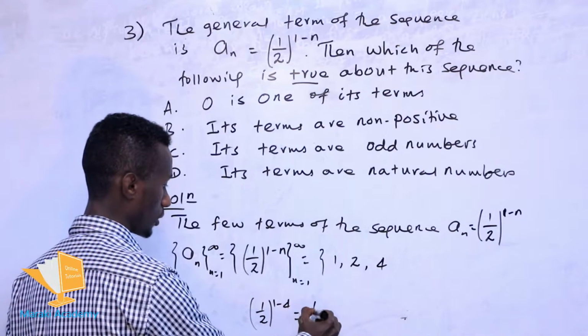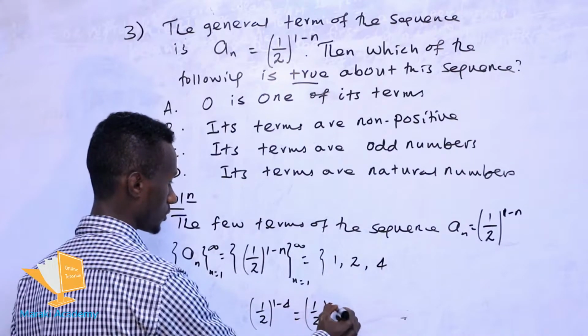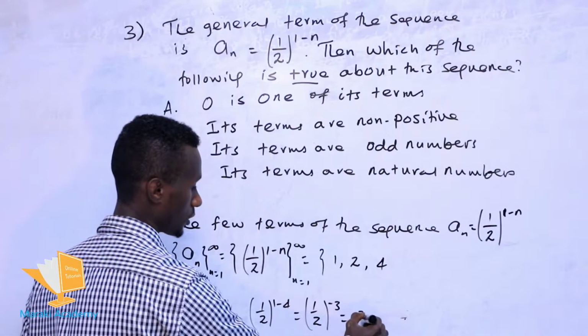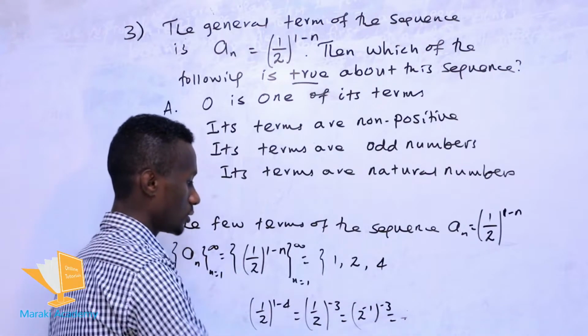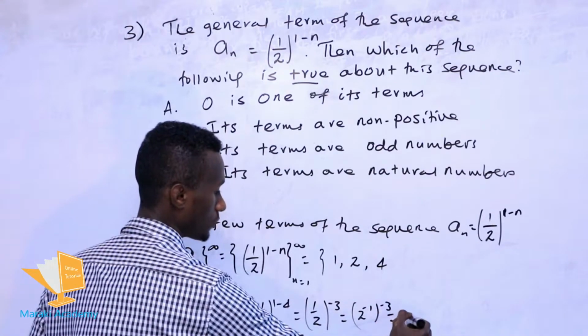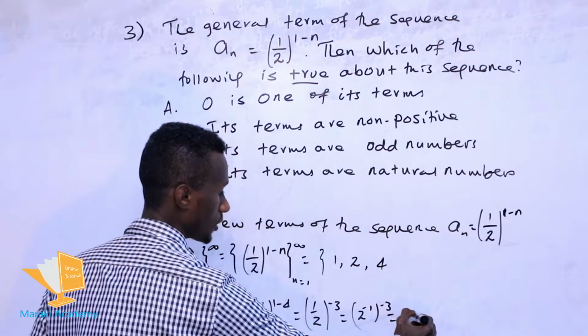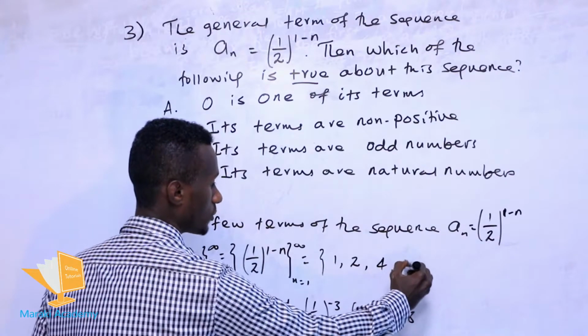The fourth term: (1/2)^(1 minus 4) equals (1/2)^(-3), which is (2^(-1))^(-3). Using the rule of the exponent, this becomes 8. So the fourth term is 8.